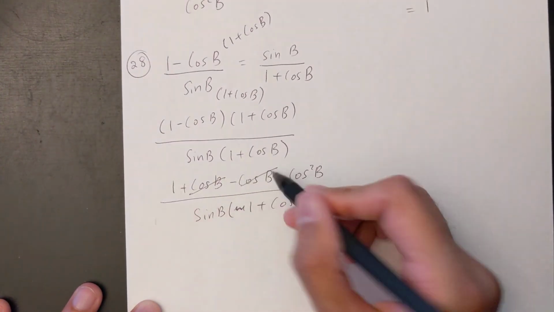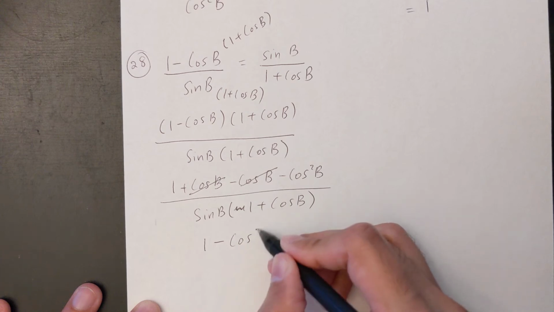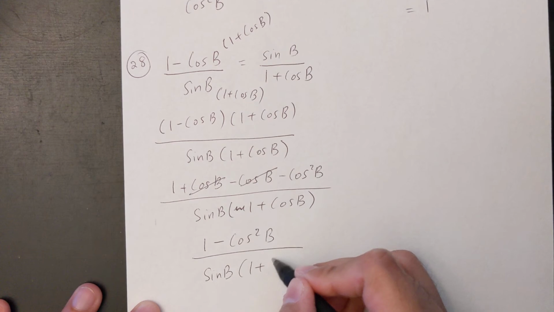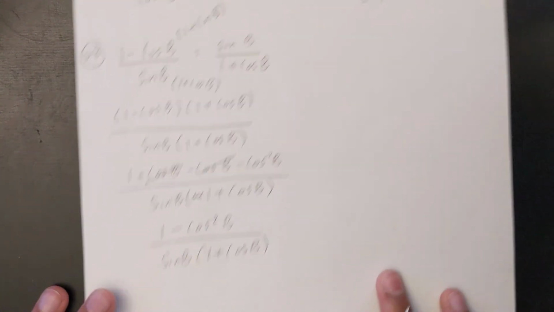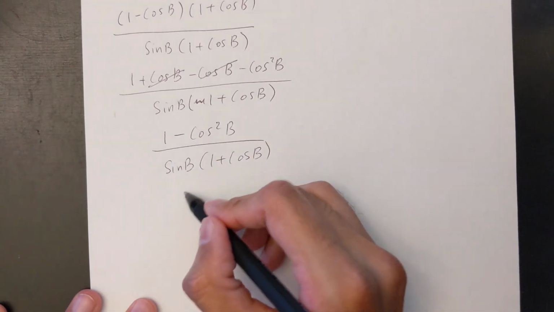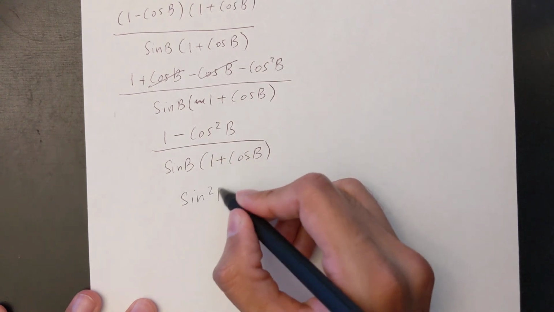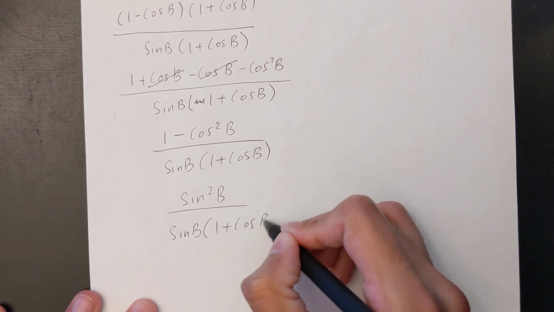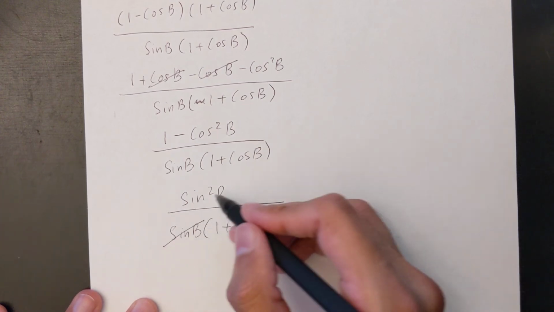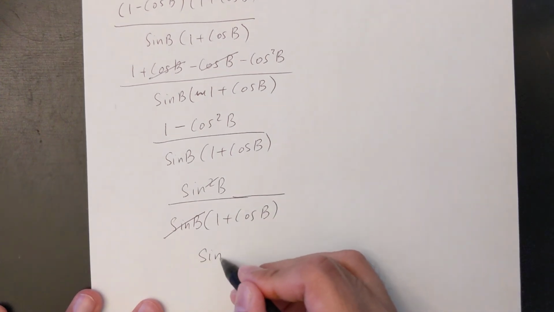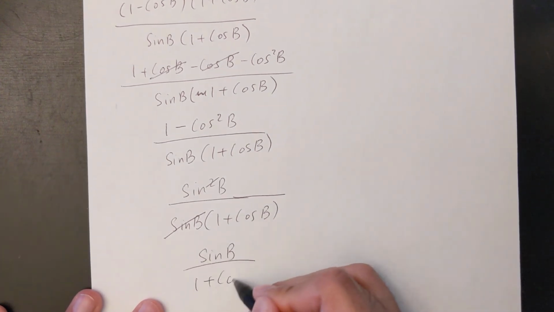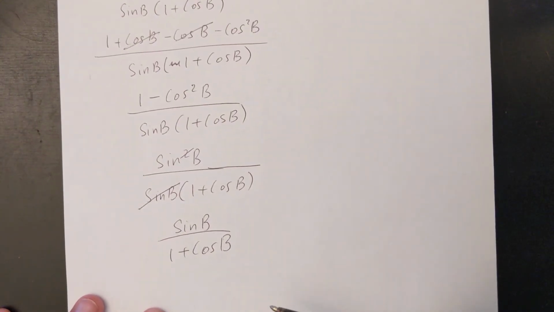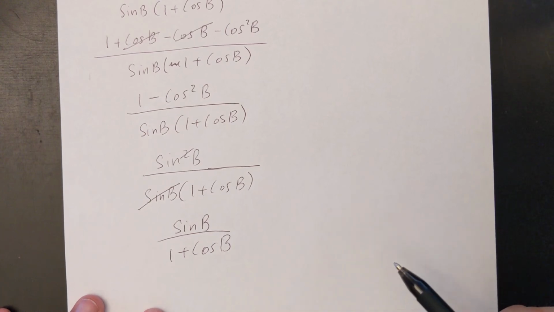Combine my like terms in the top, so I have 1 minus cos square b over sine b times 1 plus cos b. Can replace 1 minus cos square b with sine square b. And finally the sine and the square will cancel and you're left with the other side. So again, completely different method to what we've done before, very unorthodox, but these questions do appear and that's an easy way to solve them.